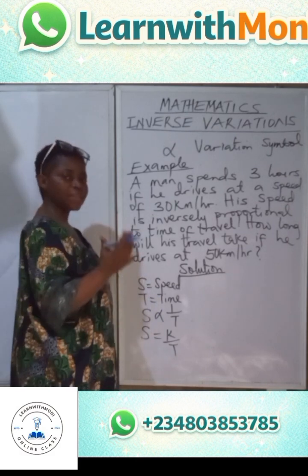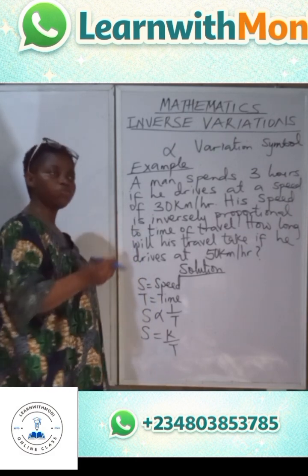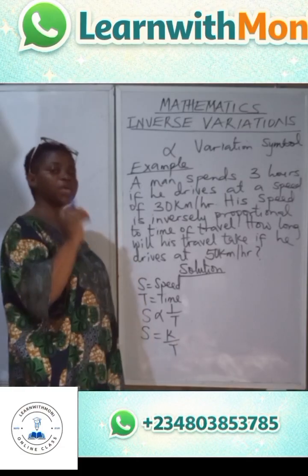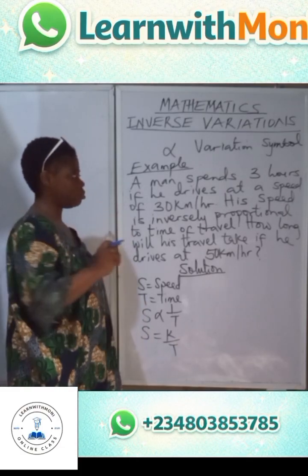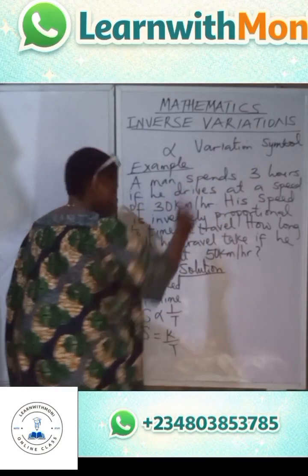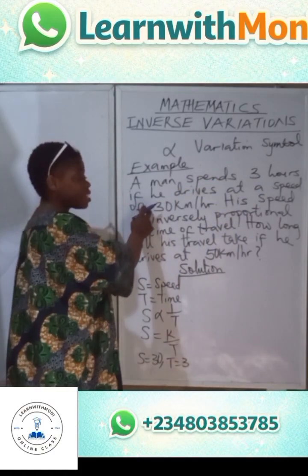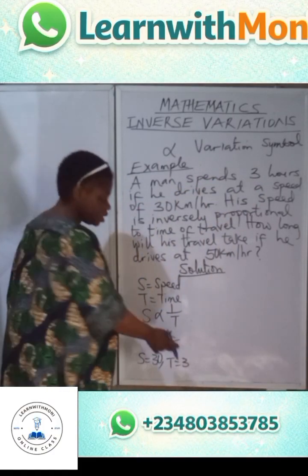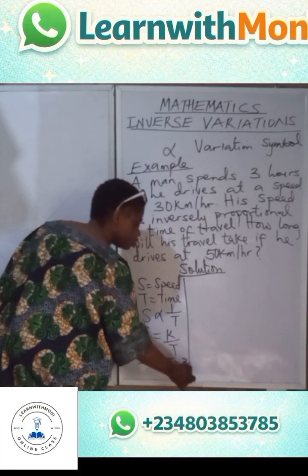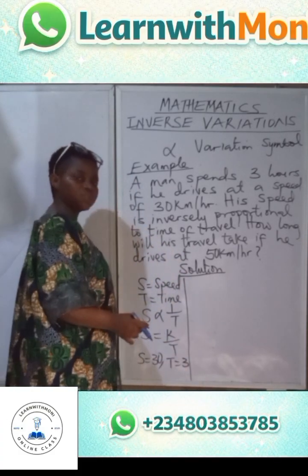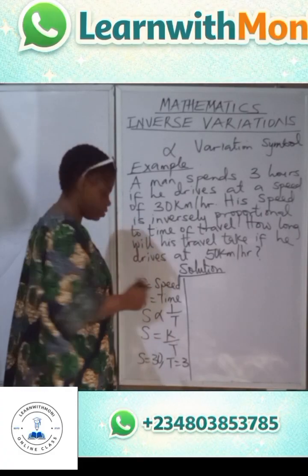Now we want to get K. I told you whether you are told to get K or not, you need your K as the key to solve any variation problem. We are told that when S is 30 km/h, T is 3 hours. Now let's substitute into the equation and get what our variation constant is.